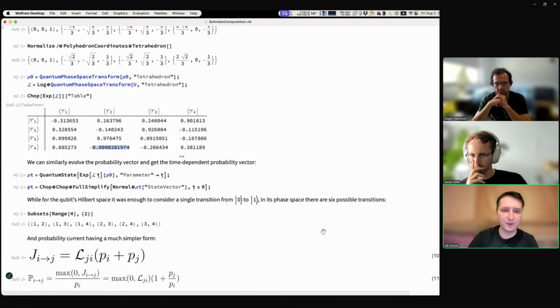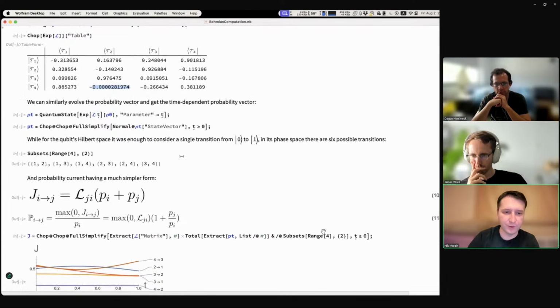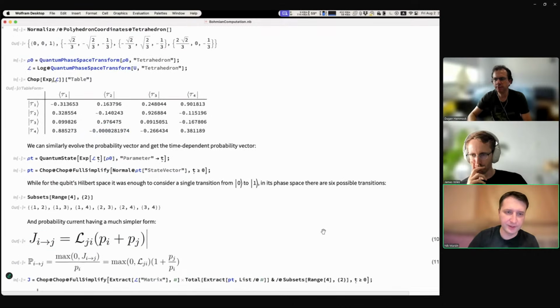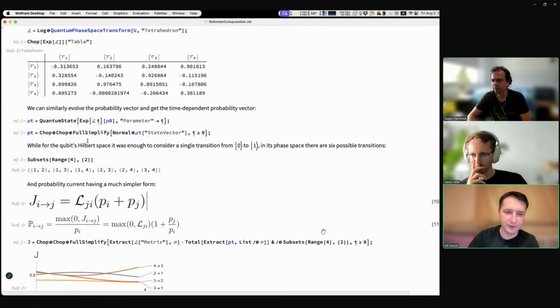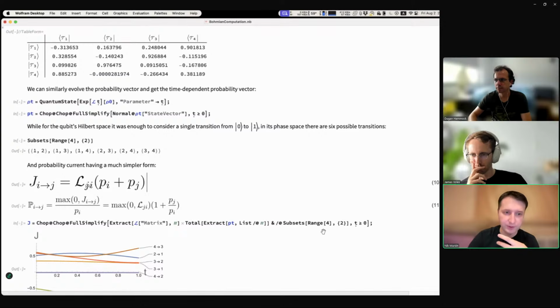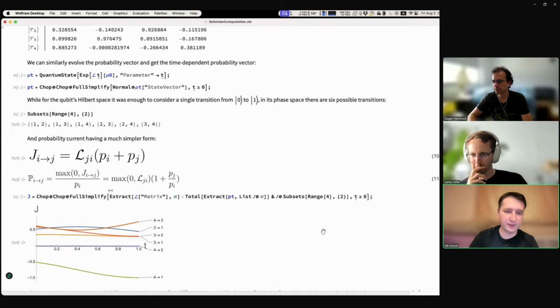And so, explaining those using the same kind of formulation as before, you can also apply the same kind of ideas of computing the probability current. It actually has a much nicer formula. Given this transition rate matrix, you can just compute the current by using this value of the matrix and the probabilities of being in the initial and final states, right?